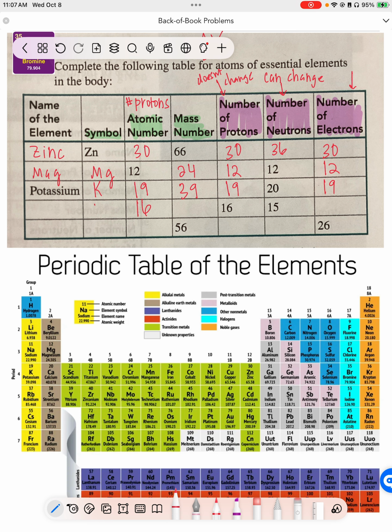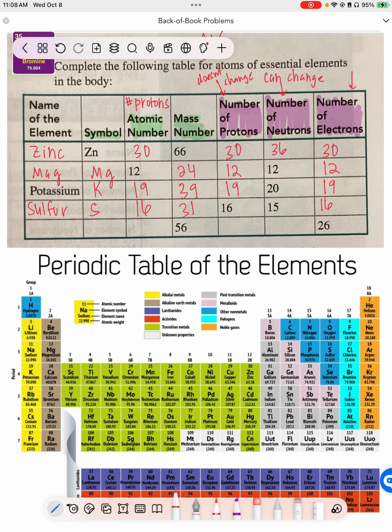So now we know its name and symbol. We can find its mass number because we know the number of protons and the number of neutrons, and we add those together and we get 31. And remember, the number of electrons always equals the number of protons, or the atomic number, because those are the same things. So we have 16 electrons.